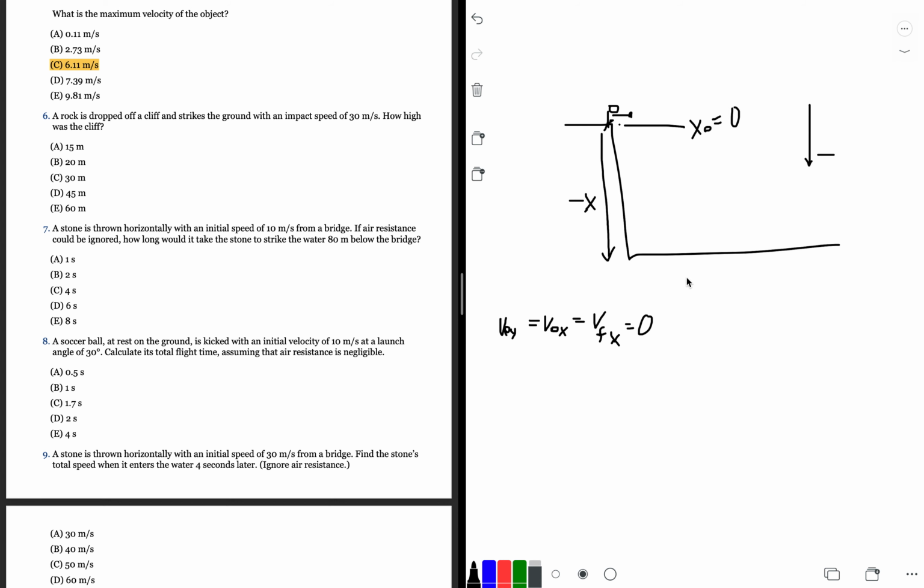So we know that the final vertical velocity is 30 meters per second, and the acceleration due to gravity is equal to -9.8 meters per second squared.